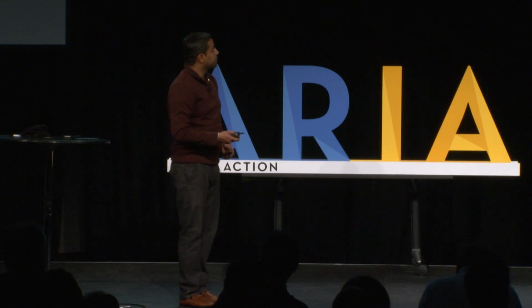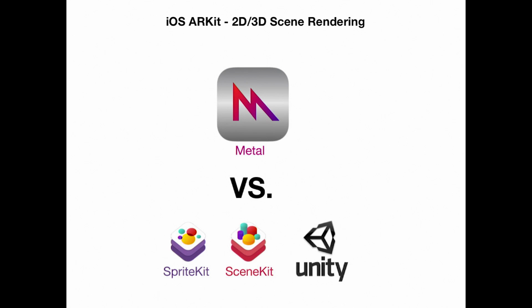And like I said, rendering is one of the hardest things, and Apple has done a good job. A few years ago, they created these frameworks mostly for game developers, so that you can write games in iOS without having to use game engines. And you can get the performance benefit. Also, you can keep the size of the application smaller.